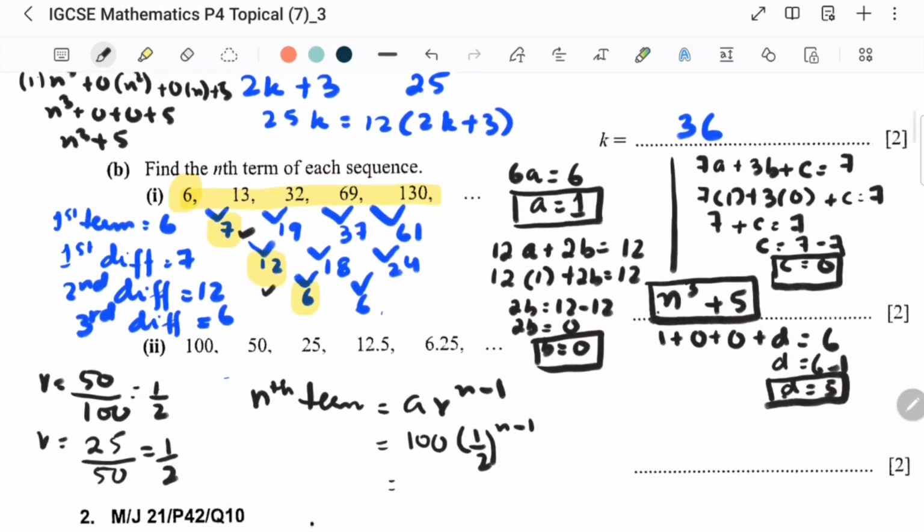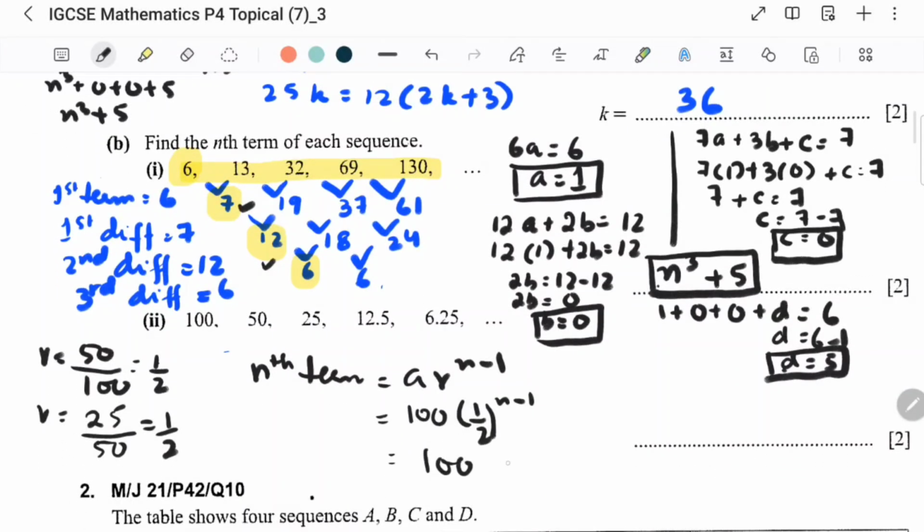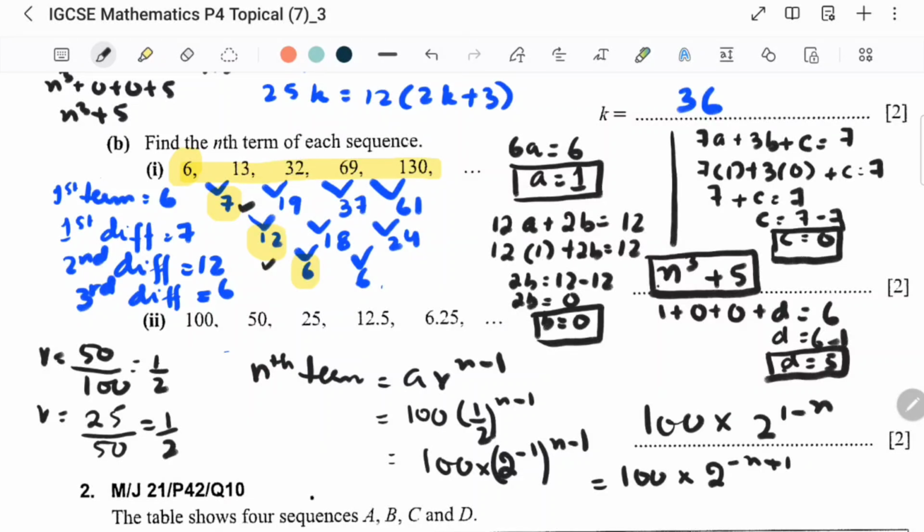So you can write down 100 times one half to the power n minus 1, or more simply 100 times 2 to the power minus n plus 1, or you can write 100 times 2 to the power 1 minus n. Okay, so 100 times 2 to the power 1 minus n is the answer for this question.